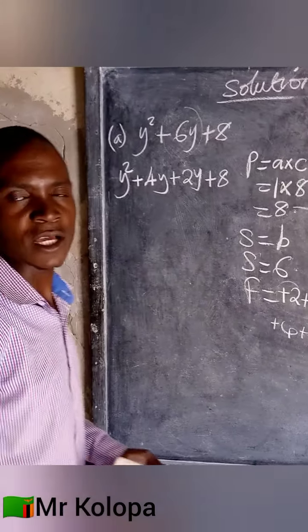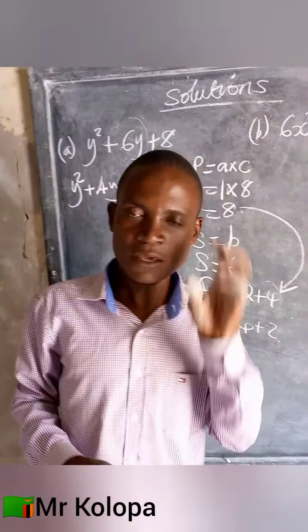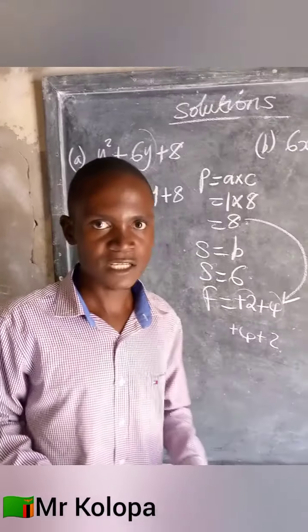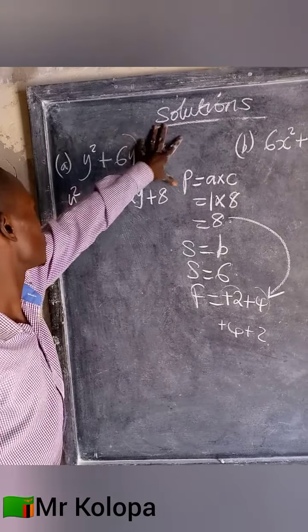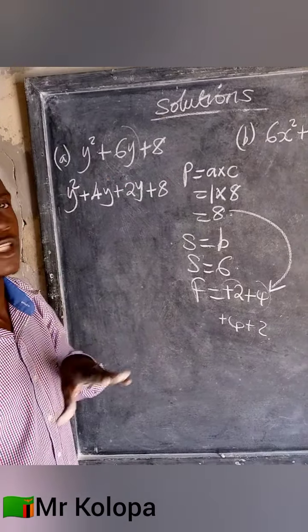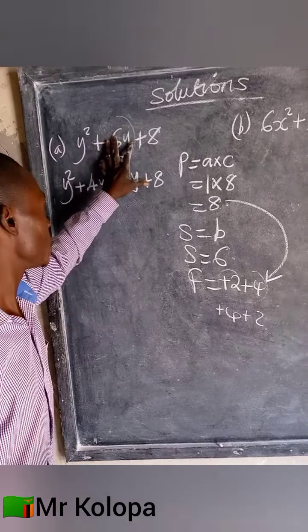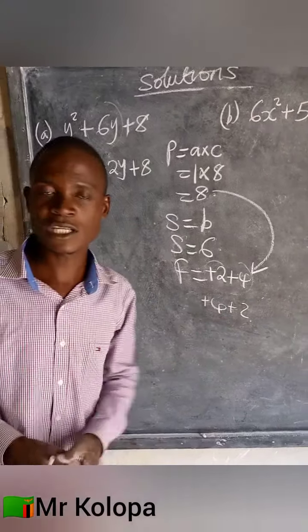So what are we doing there? We are just substituting the b, replacing it by the factors. Don't tamper with the a and c. We only remove the b, then we substitute it by the two factors that we have.